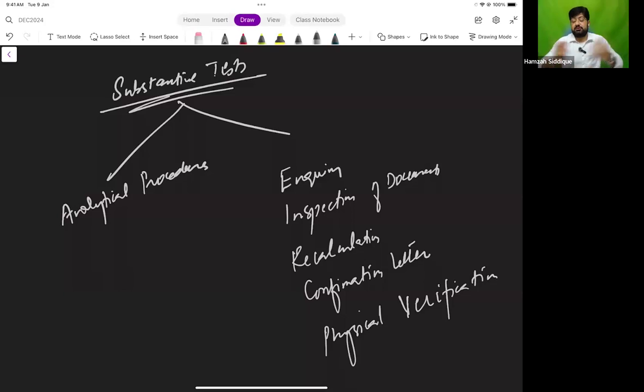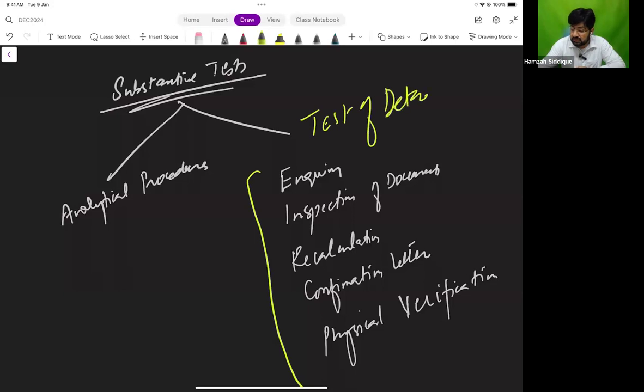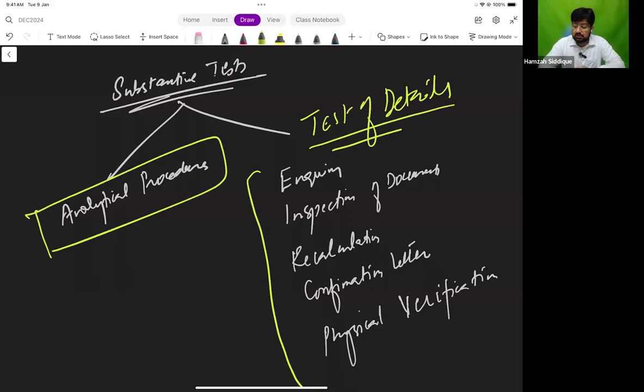So these are the substantive tests to verify financial statement items, and these are collectively called substantive tests.